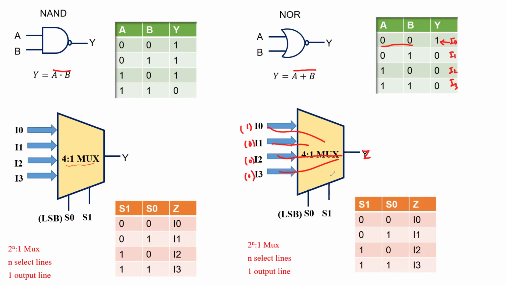This is how, based on A and B or S1 and S0, when I select any one of these combinations, one by one, the output gets connected to the input, or in other words, vice versa. And I will have the implementation of the function Y equals A NOR B. So this is how we have successfully implemented NAND logic and the NOR logic.